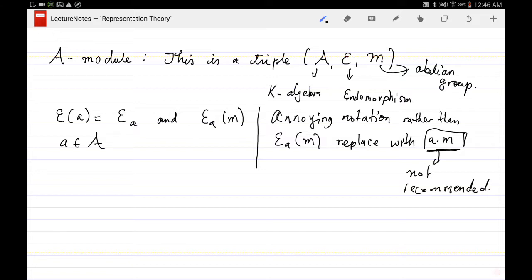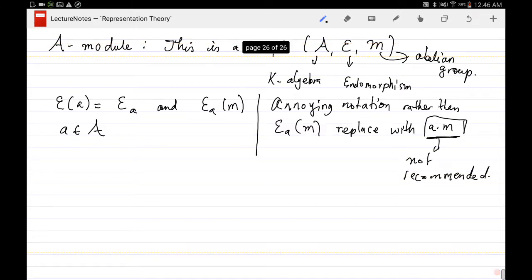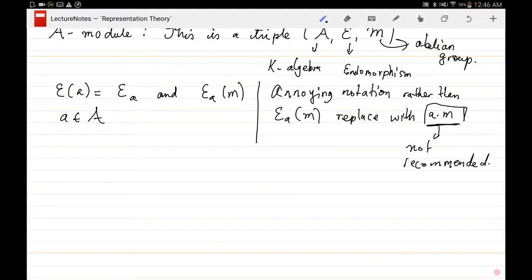And there's a reason why. Because this notation obscures the connection between the language of modules and the language of representations.